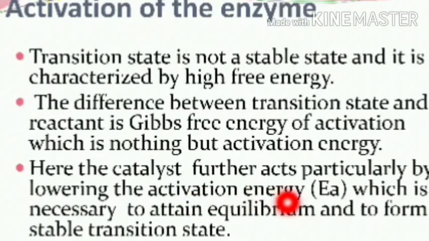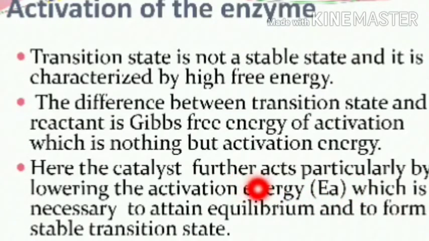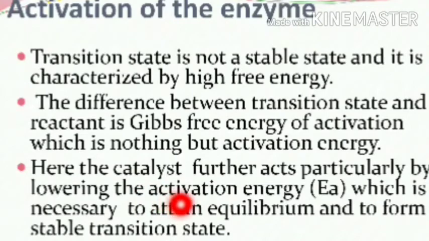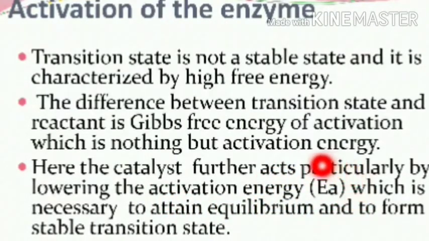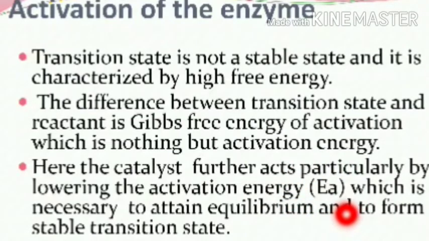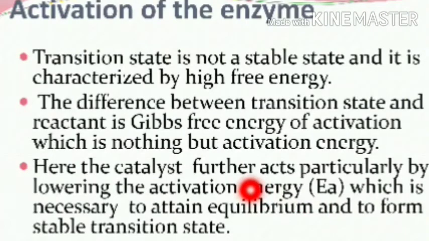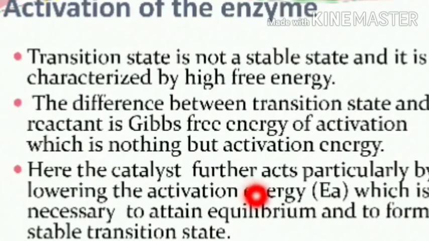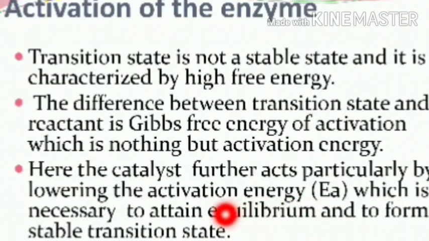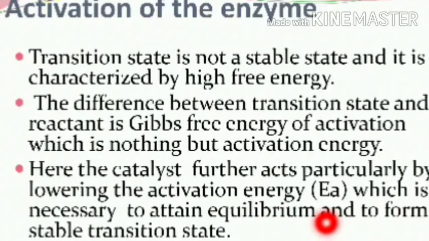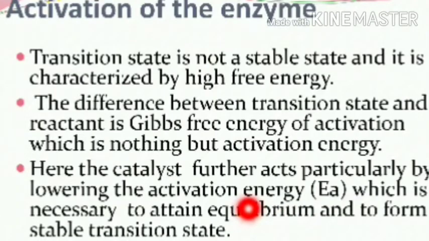When the catalyst further acts and the reaction proceeds, it lowers the energy of activation. This energy of activation is specifically denoted as Ea, capital E, small a. When this action of the enzyme proceeds further, it lowers the activation energy, which is necessary to attain equilibrium in the reaction and to form a stable transition state.